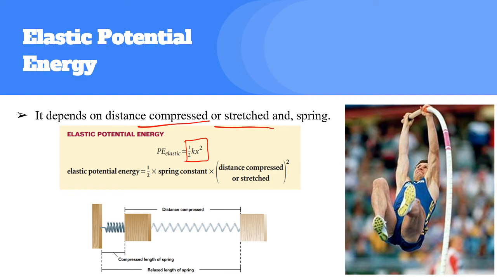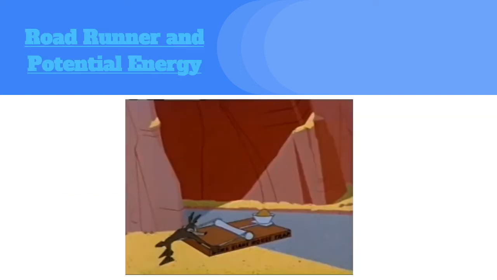It's 1/2 kx squared. So k is your spring constant or force constant, and x is the distance that you compress or stretch. In both cases, you are going to create or store some energy, and that energy that we store is called elastic potential energy.